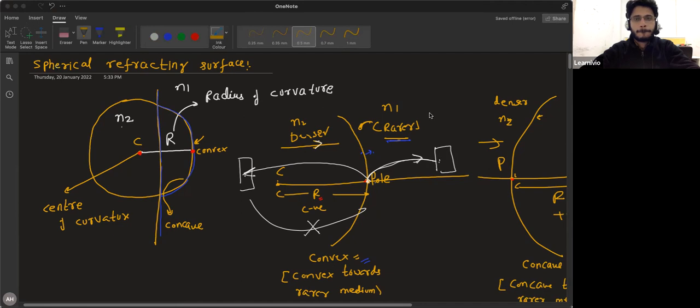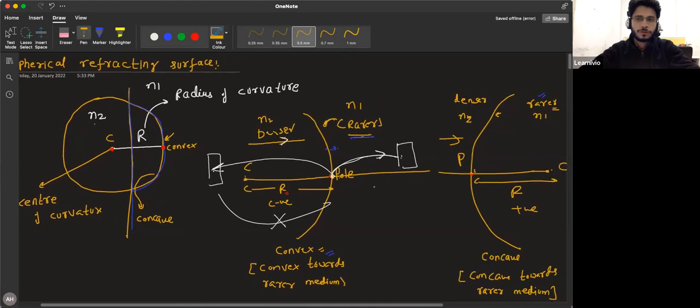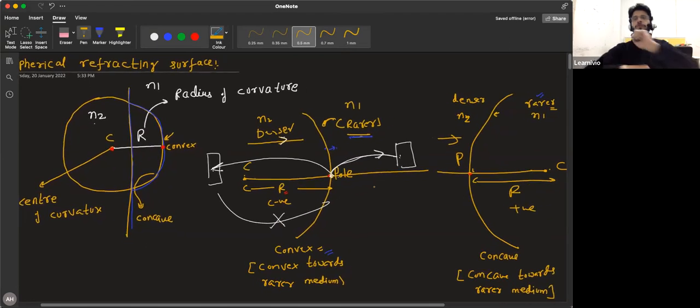Sir, only the left figure or the right ones also, sir? Both. The left one is for convex surface, the right one is for concave. So this is the rarer medium which will decide the shape of the surface. But it does not matter what is the shape of the surface. Your calculations will not change by the shape of the surface.